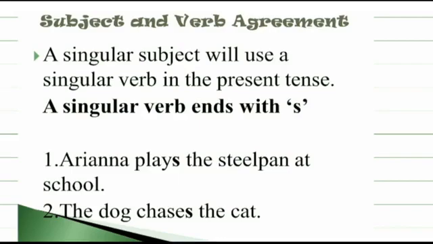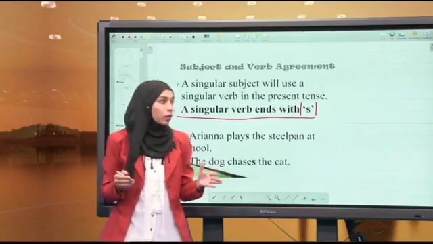And a singular verb, this is important here. A lot of students make this mistake, right? So a singular verb ends with S. See this S here? So important. Let me tell you why. Because a lot of times they confuse nouns and verbs with singular and plural. You just have to remember, a verb is an action word.